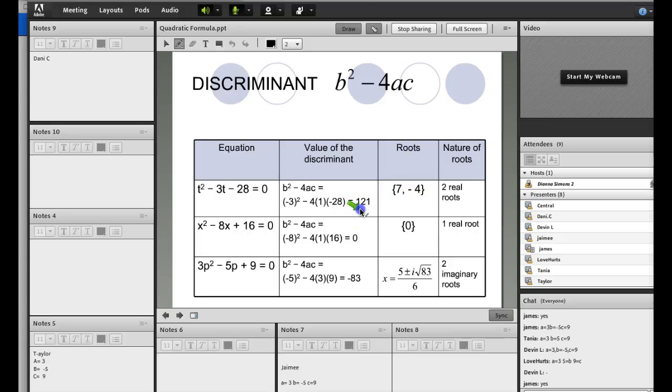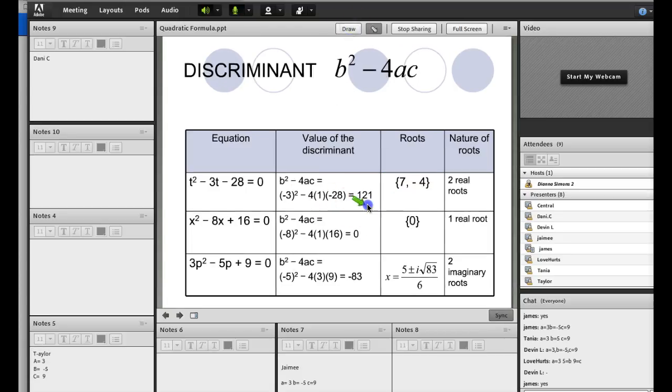Because my discriminant was real, then I had 2 real roots. Okay, it was a number, it was positive, so I have 2 real roots. When it's 0, then I only have 1 root. That means it just touches the x-axis. And when I have this negative number, that means I have 2 imaginary roots.